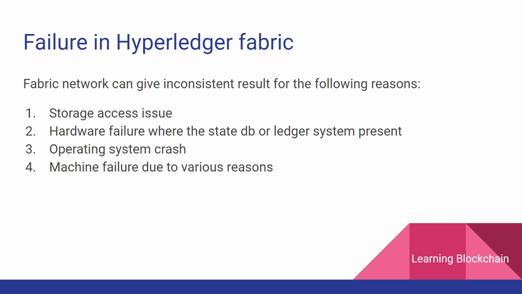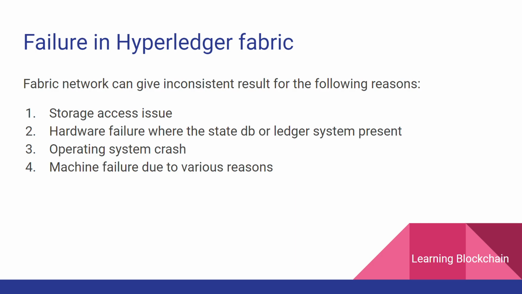Whenever any peer commits the block or writes things inside the databases, it accesses that particular database location. There can be some access issue via some network management tool, or some change in the network configuration, and the access of that particular folder can be changed by mistake. So a peer may not be able to access that particular location.